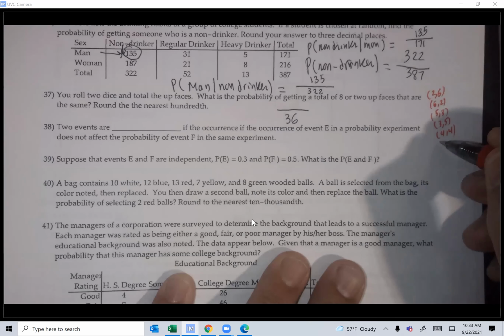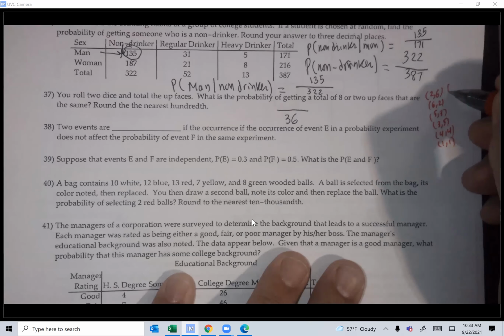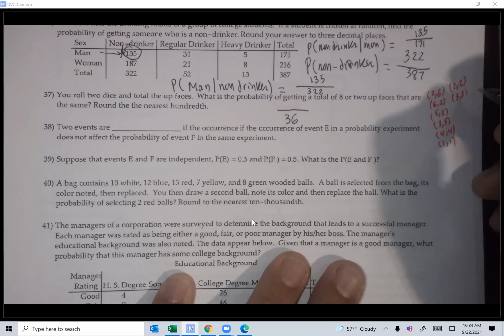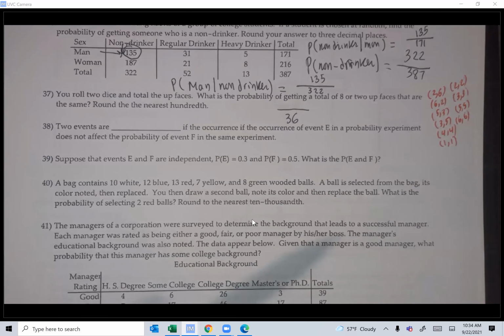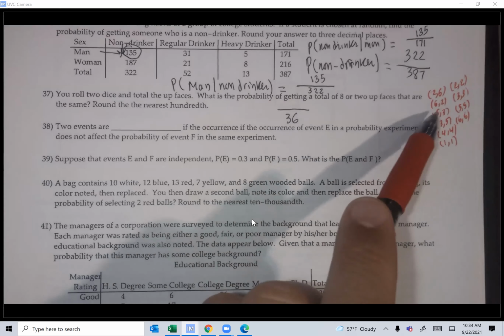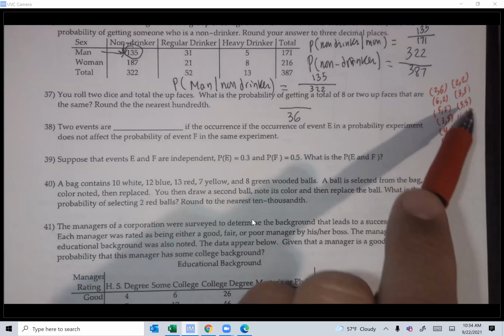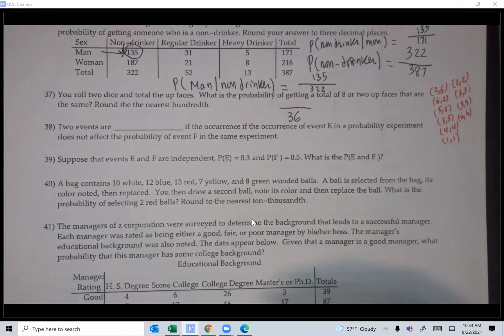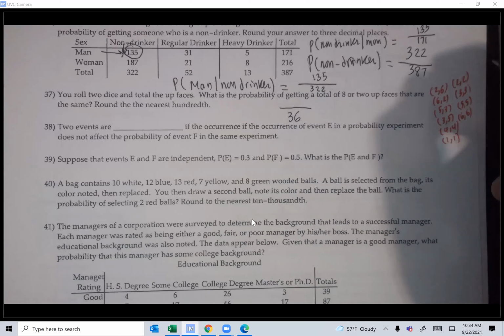So we need 1 and 1. 2 and 2. That's a win. 3 and 3. 4 and 4, I already counted that. 5 and 5. And 6 and 6. Okay, let's count. 1, 2, 3, 4, 5, 6, 7, 8, 9, 10. So it'll be 10 over 36.